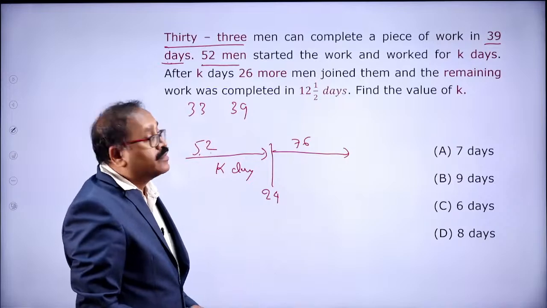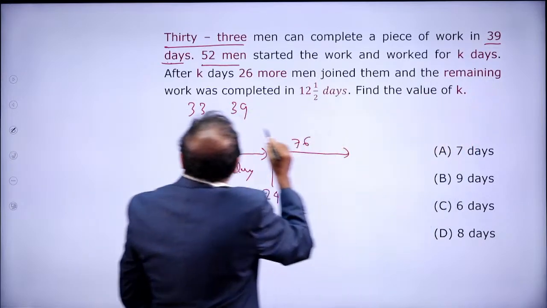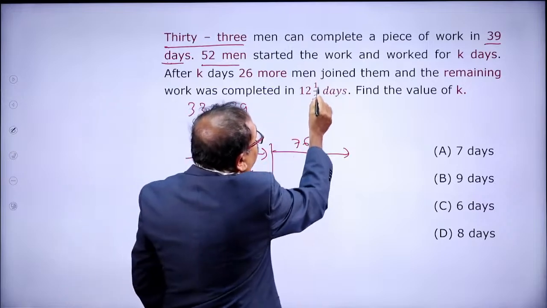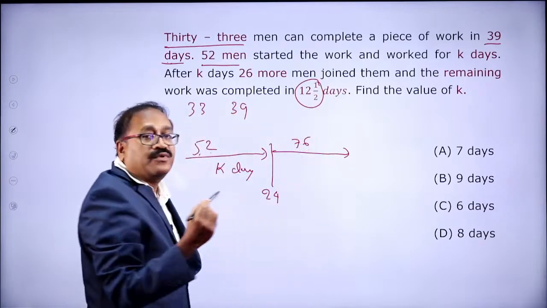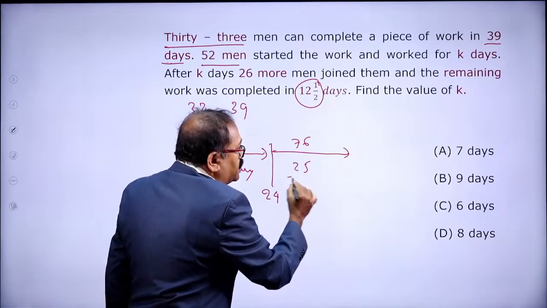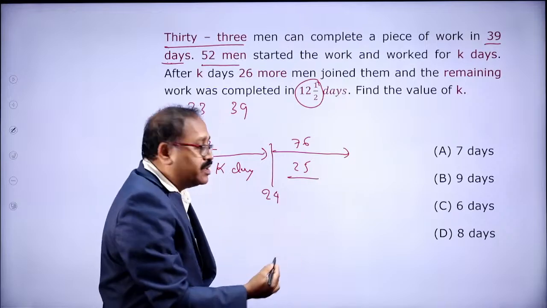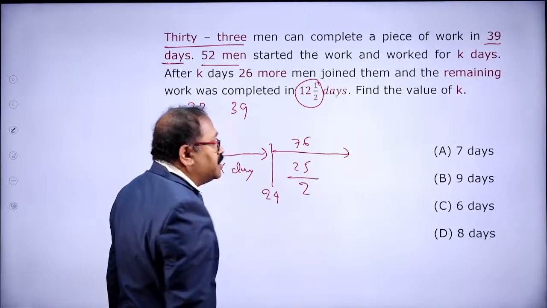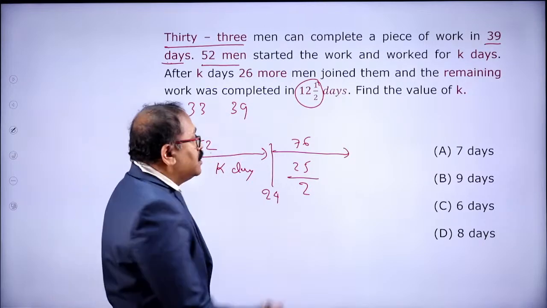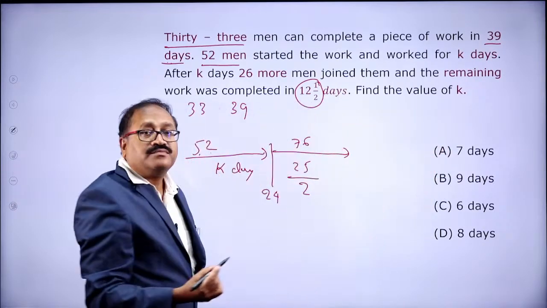And the remaining work was completed in 12.5 days, 25 by 2 days. So whatever work is left after that is completed in 25 by 2 days by 76 men. Now find the value of K.